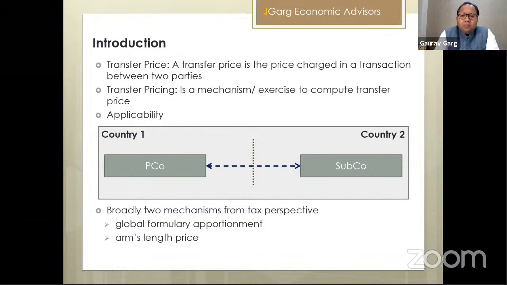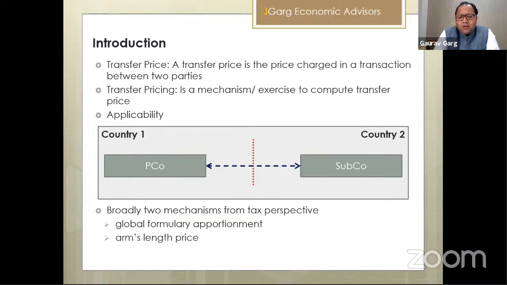But the entity, let's say a captive manufacturing unit, needs to be compensated, or gets good compensation, based on the functions that entity is performing. So, for example, one may be remunerating a captive manufacturing unit at cost plus 5%, whereas overall the group may be in a loss of, let's say, minus 6%.